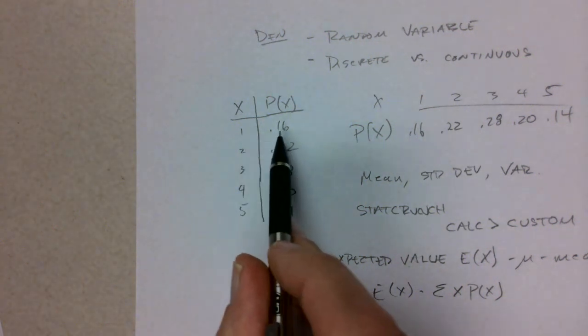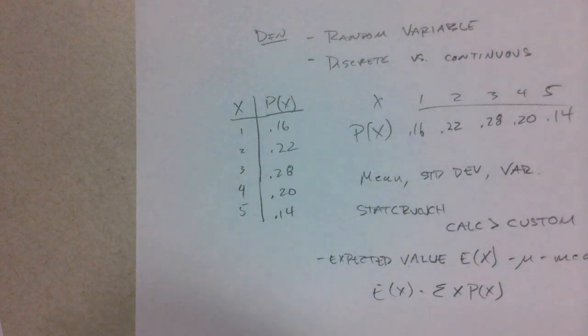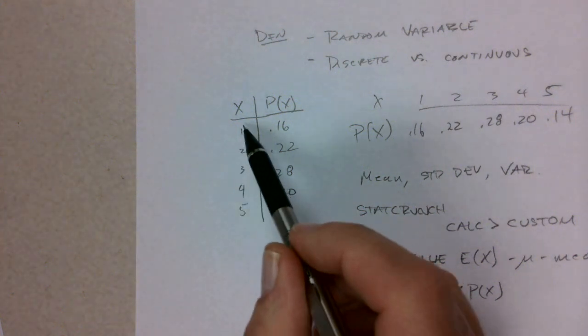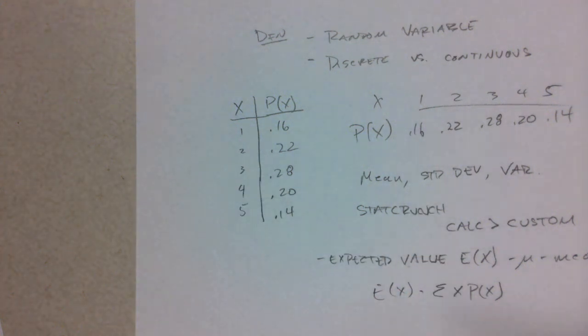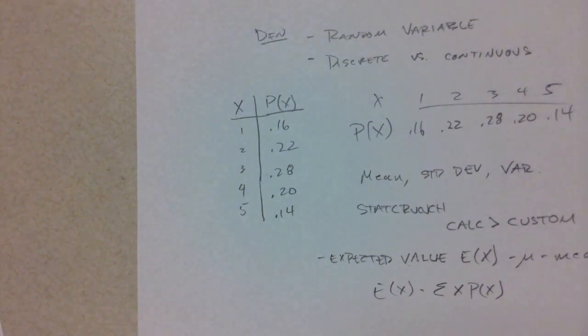So I would do 1 times 0.16 plus 2 times 0.22 all the way down. All right. So it's like an average. It's the central point of this distribution. And this is how it's calculated. And that's for a discrete random variable. Okay. So good. I think that's fine for a review of 4.1.